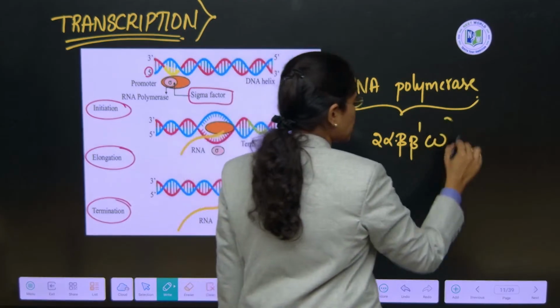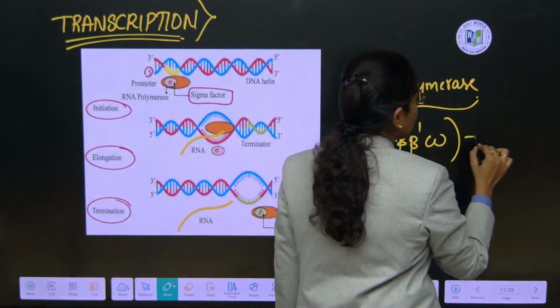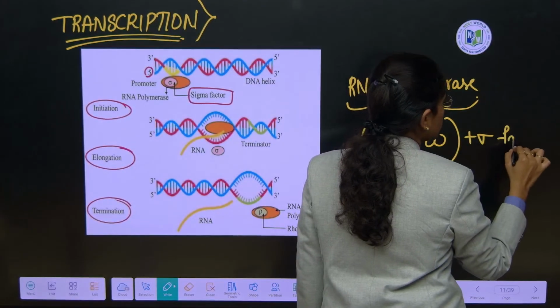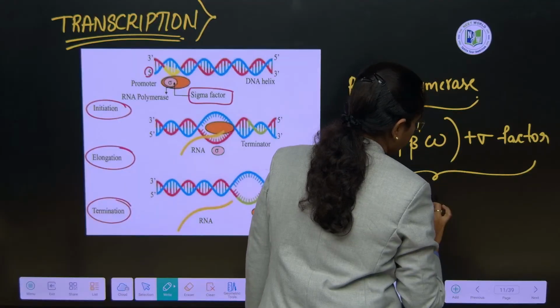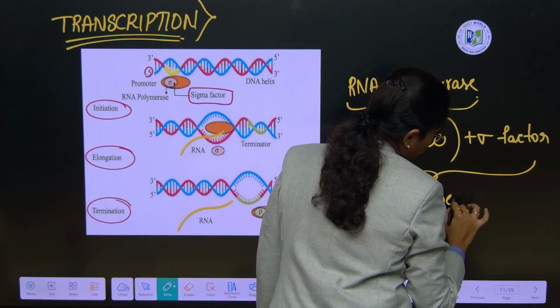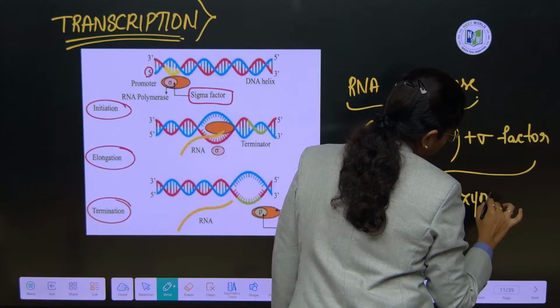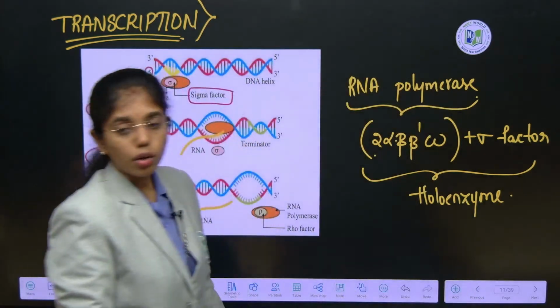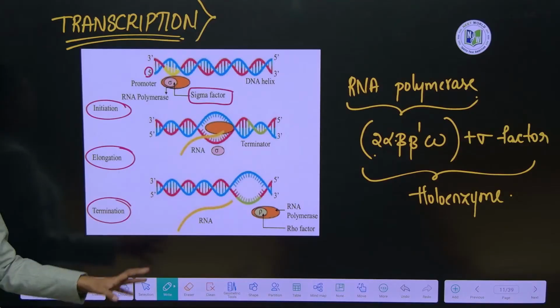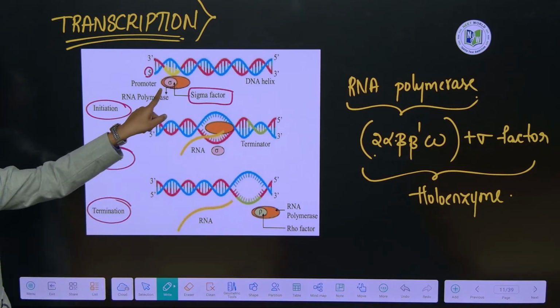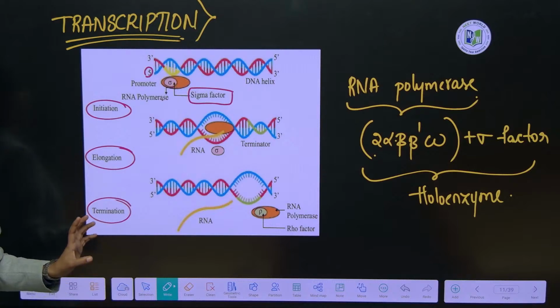To these 5 subunits, when sigma factor is added up, this is addressed as what? Holoenzyme. Sigma factor along with RNA polymerase is known as holoenzyme.